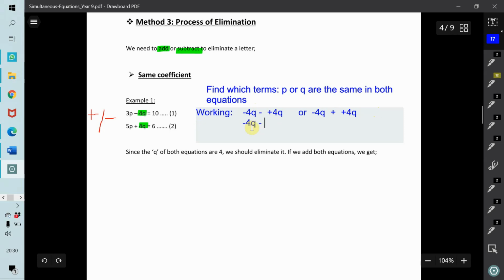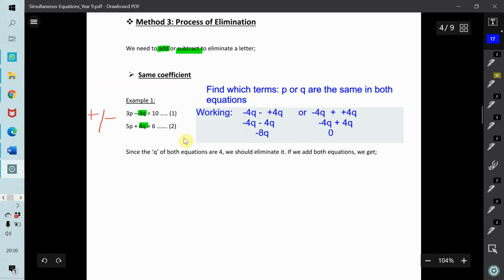So let's put just a minus. And over here, a plus and a plus make a plus. So minus 4Q plus 4Q. Now if I do minus 4 minus 4, I will get minus 8Q. But if I do minus 4 plus 4, I will get 0.